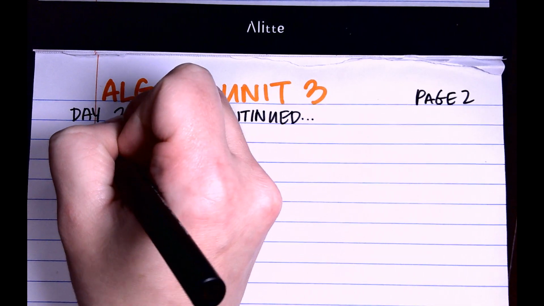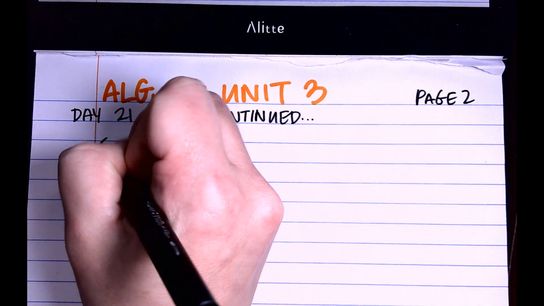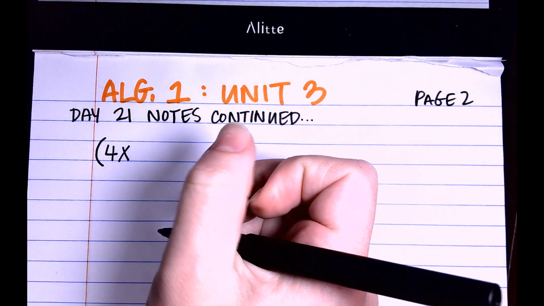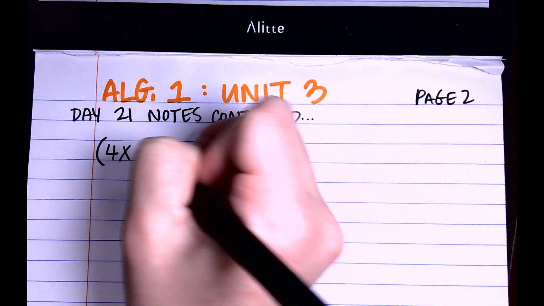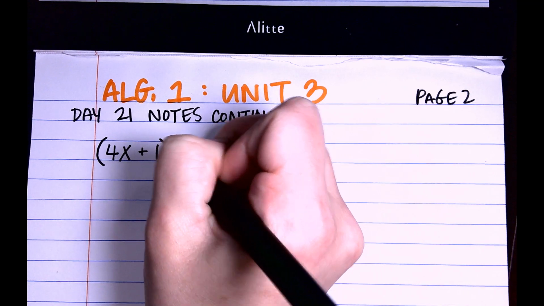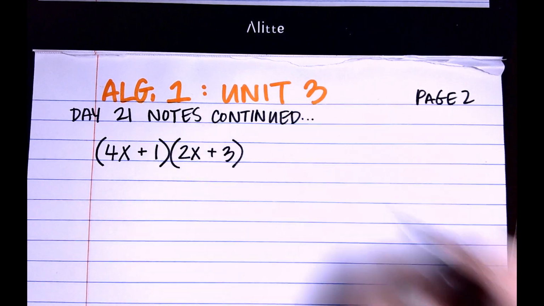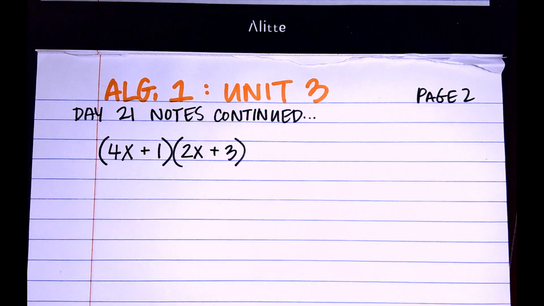How about we try, let's do 4x. We're going to keep them all positive numbers for now. We're not going to throw any negatives in there yet. Let's do 4x plus 1 times 2x plus 3. Do 1 minus? Okay, we'll do a minus next. We're going to keep it plus for now. Minus will come next.